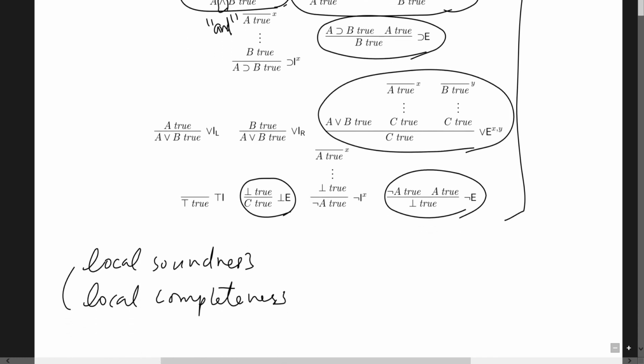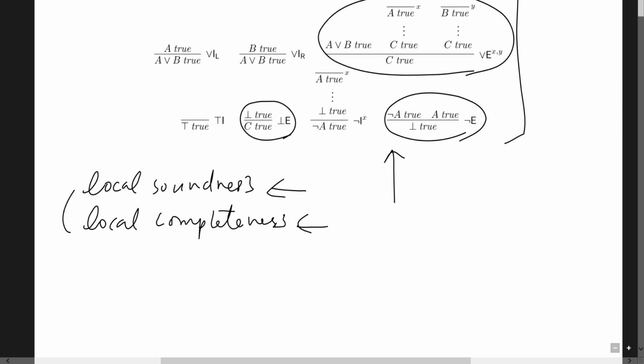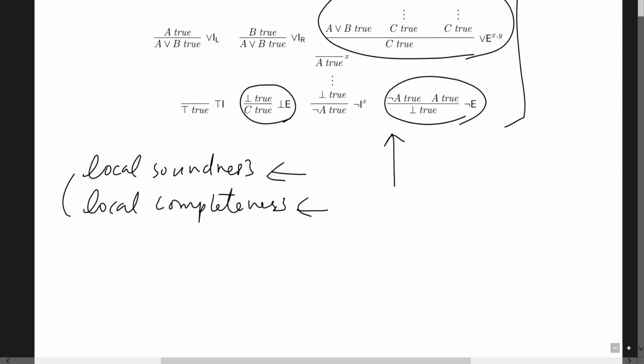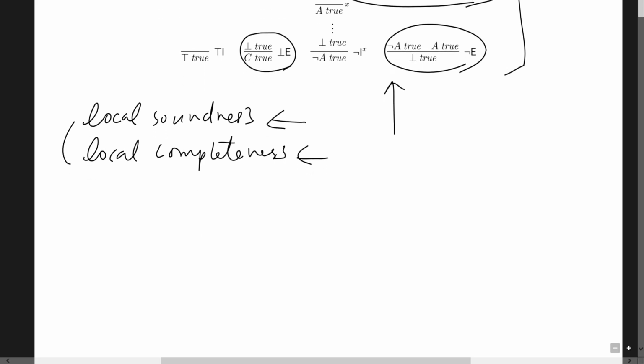So we'd like to test the two properties called local soundness and local completeness against this system of inference rules. Let's first review the interpretation of introduction rules and elimination rules in terms of knowledge expressed in the judgment.